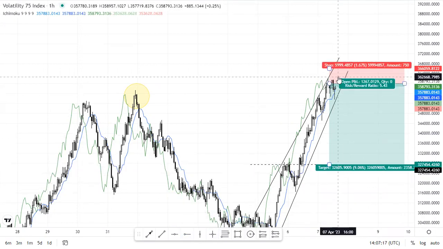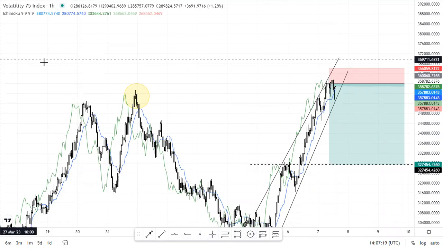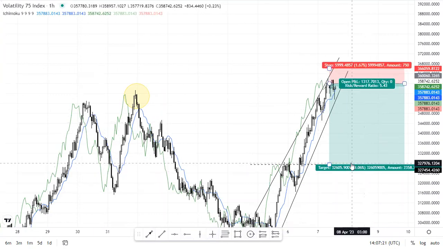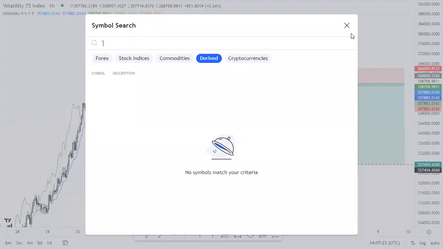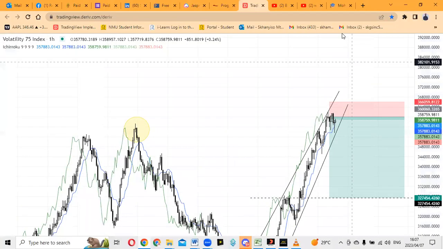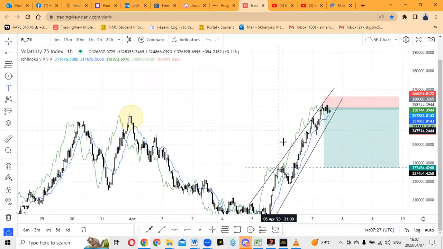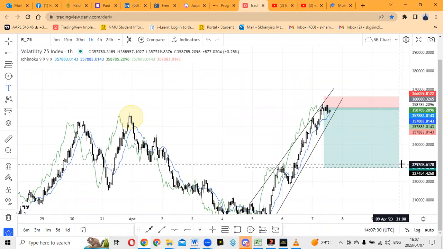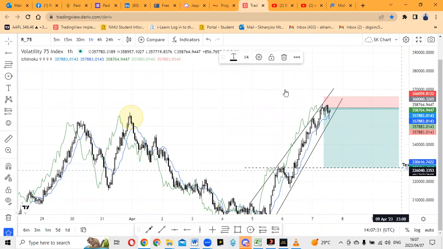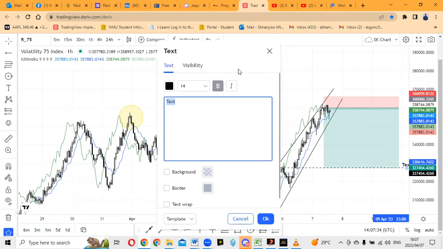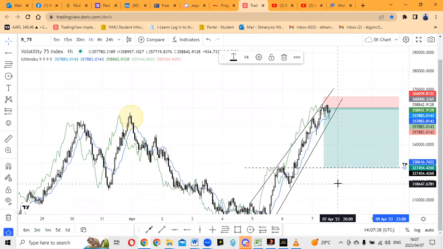Our take profit is here. I need to label the take profit. Our take profit is at this level here, as you can see. Let me just write it. Our take profit is going to be down here.